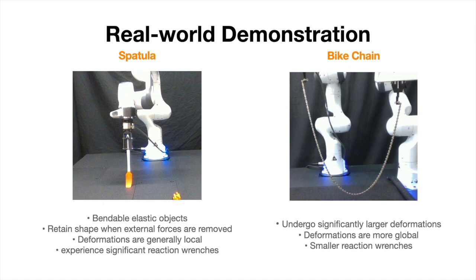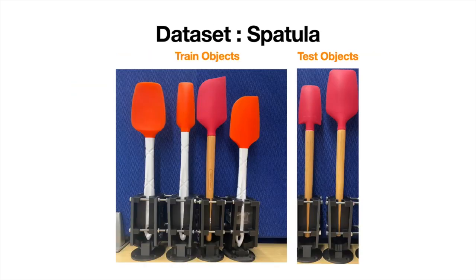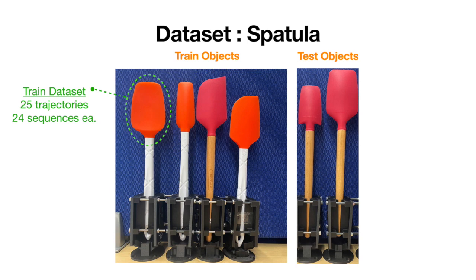In this work, we thoroughly analyzed VIRDO++ and its inference algorithm in real robotics applications with two different types of objects, spatula and bi-chain. For training our model, we use a training dataset with 4 training objects. For each spatula in the training dataset, there are 25 trajectories, where each trajectory has 24 sequential observations.